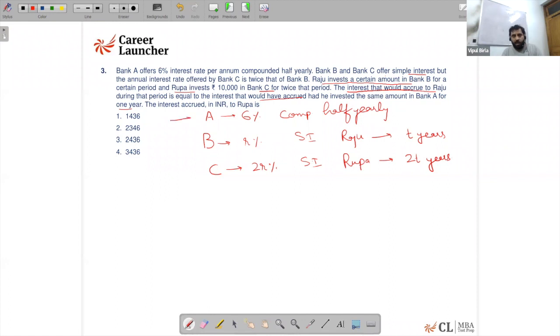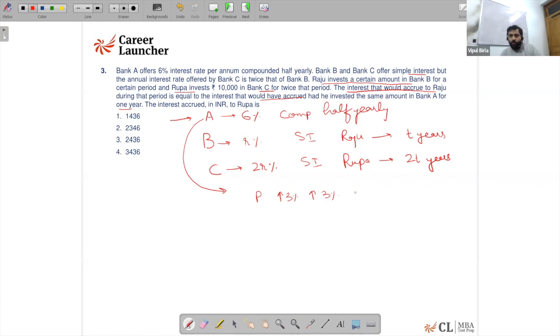Now, Bank A gives you 6% compounded half yearly. So the effective rate of interest for Bank A for 1 year will be nothing but there are two interests of 3% which are obtained at the end of every 6 months. So that means whatever the principal, it's going to be 3% for the first 6 months, followed by 3% for another 6 months.